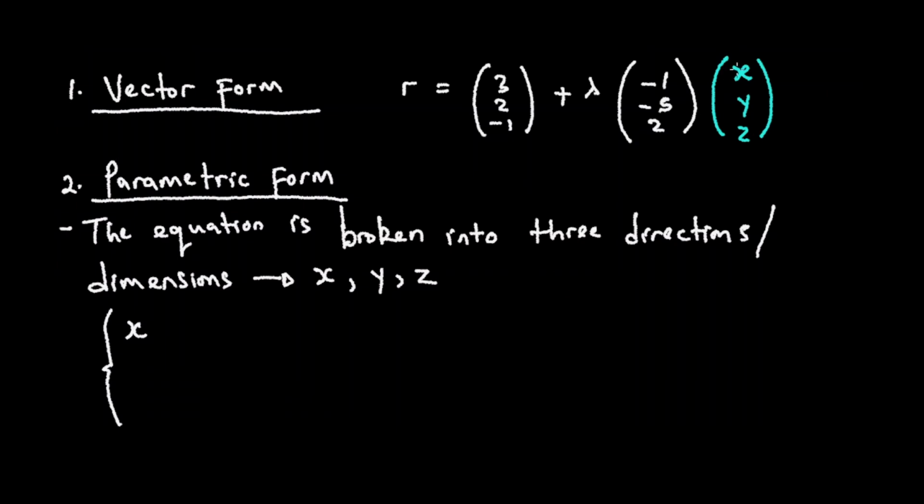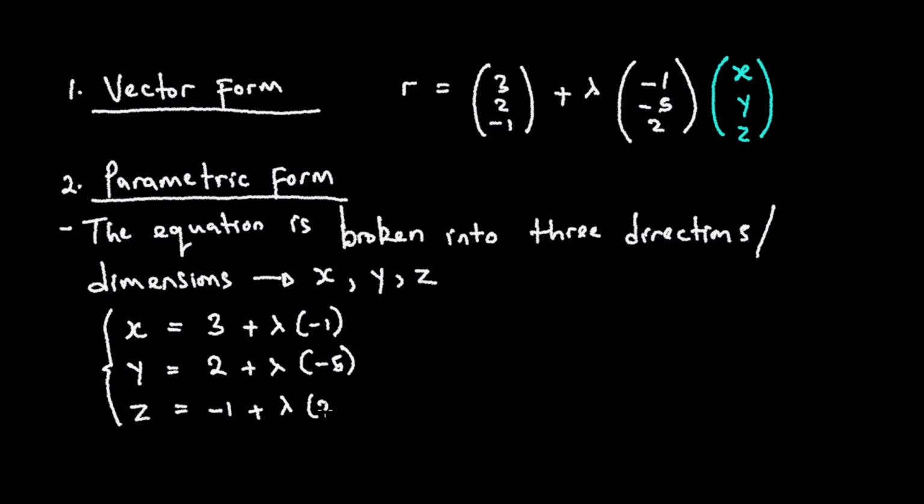So x here we are simply going to say x is equal to 3 plus lambda multiplying minus 1. What about y? y is equal to 2 plus lambda multiplying minus 5. What about z? z is equal to minus 1 plus lambda multiplying 2.